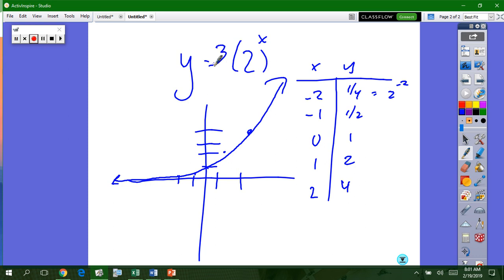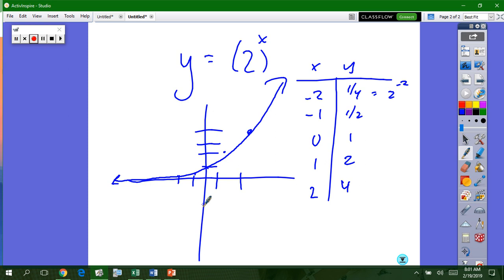That multiplies it, stretches it, and so forth, right? But my regular old parent function will always go through the point 0, 1, because anything raised to the 0 power is always 1.